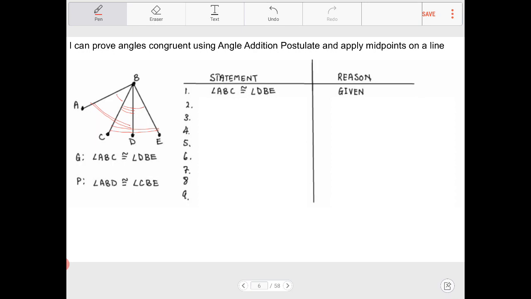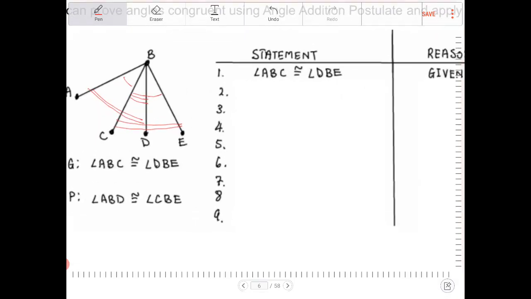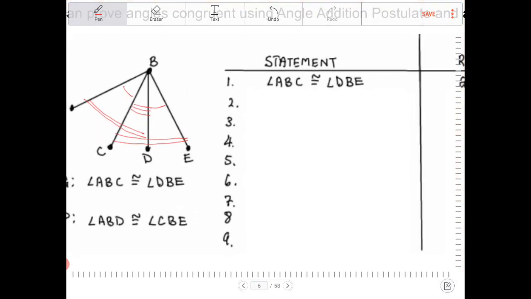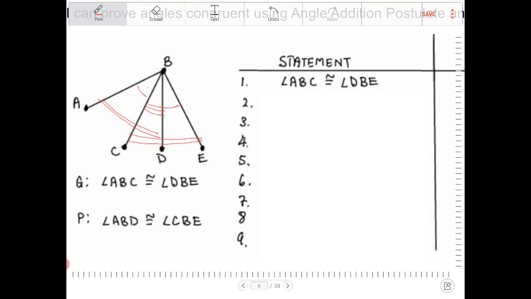Pause the video and really try to digest it for yourself. If that is not at all clear, you can try to experiment with other letters or numbers.